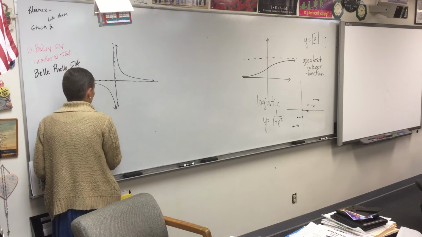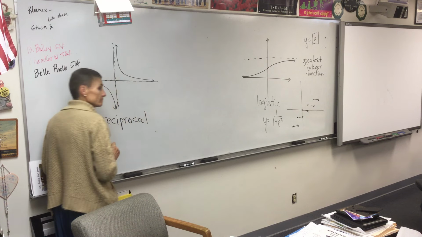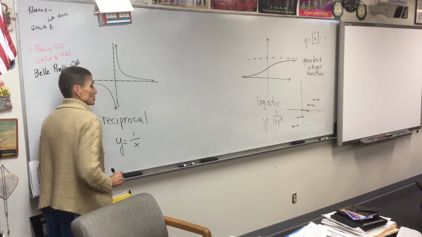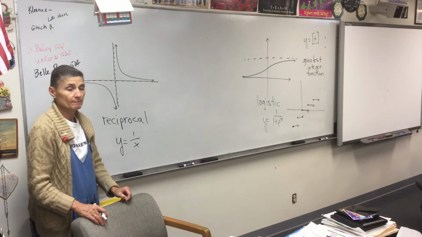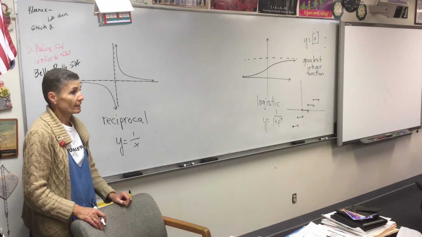This is what we call the reciprocal function. Reciprocal function. And you'll see why. Its equation is y equals 1 over x. So the name makes sense, doesn't it? Y equals 1 over x.